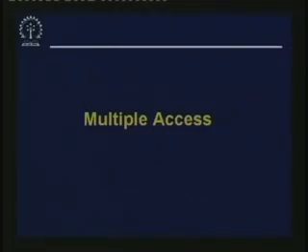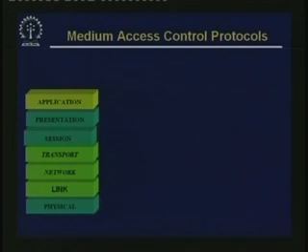Good day. So, today we will talk about multiple access. Now, what is multiple access? If you remember, we had 7 layers in the so called OSI stack. The top one being application, then we have presentation, session, transport, network, link and physical.